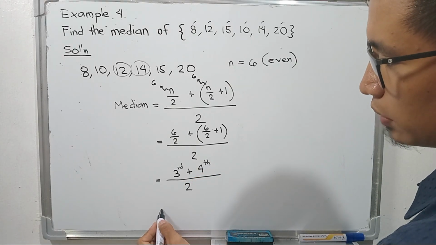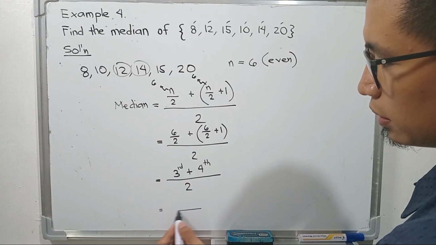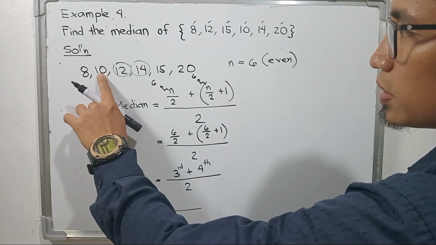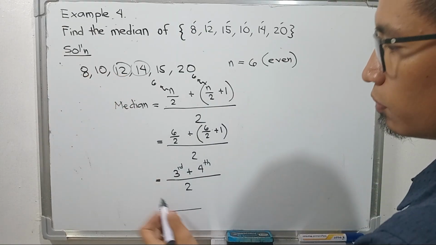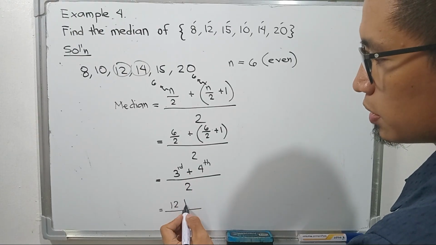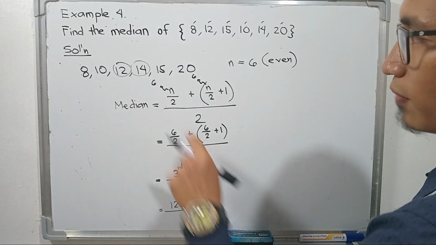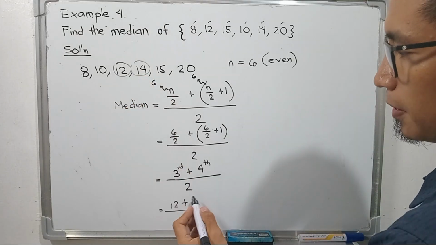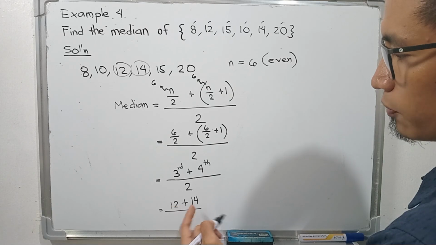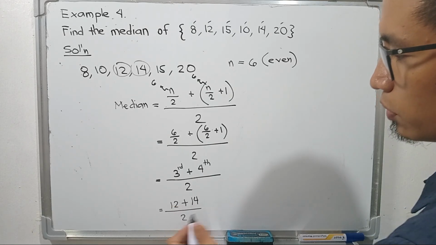So let's take a look at our data set. The third value here would be 12. First, second, third. The third value will be 12. So let's write here 12 plus the fourth value would be 14. So let's put here 14. So that's 12 plus 14 over 2.